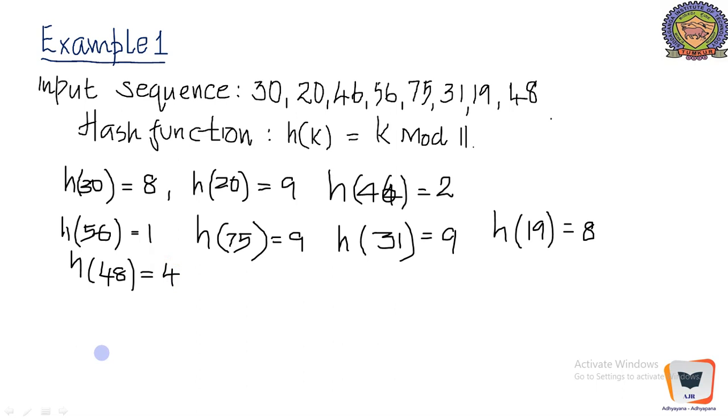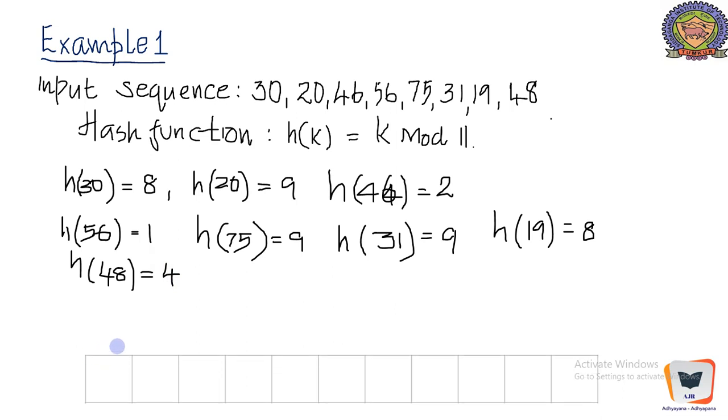Now we will start inserting. This is the 0th cell, then 1, 2, 3, 4, 5, 6, 7, 8, 9, 10. First we insert 30, and it is the 8th cell, therefore there is no problem.